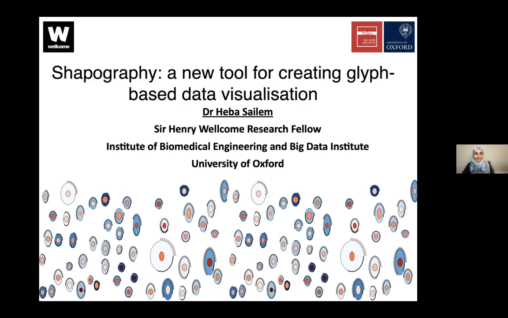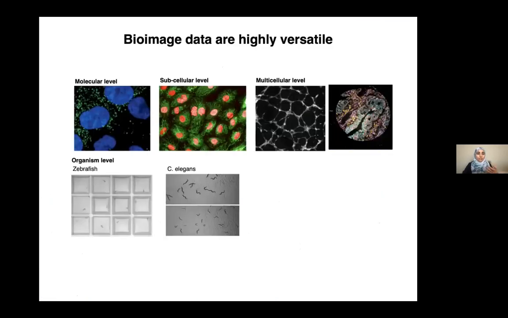I think it's great to follow from Fabian's talk, who introduced many of the challenges, especially with imaging data. Just to reiterate, imaging data is very versatile, so we can capture events at different scales, from the molecular level and organelle structure, to the tissue level, where we can observe vascular networks or tumors and the surrounding immune and stromal cells, and even at the organism level, where we can observe animal behavior.